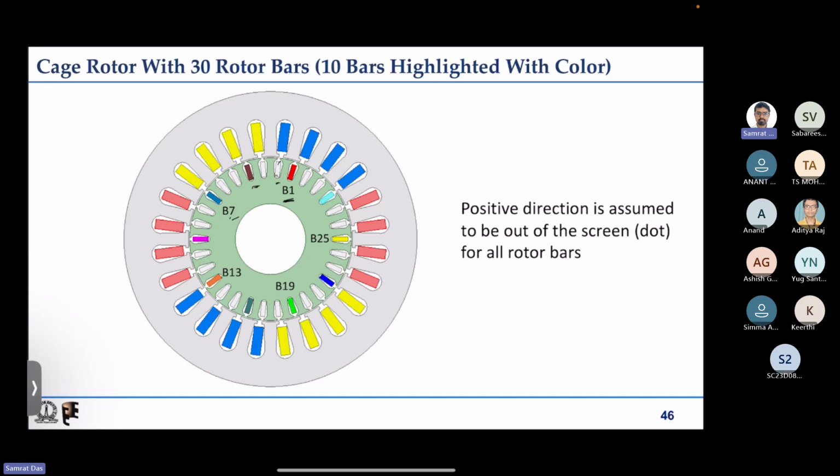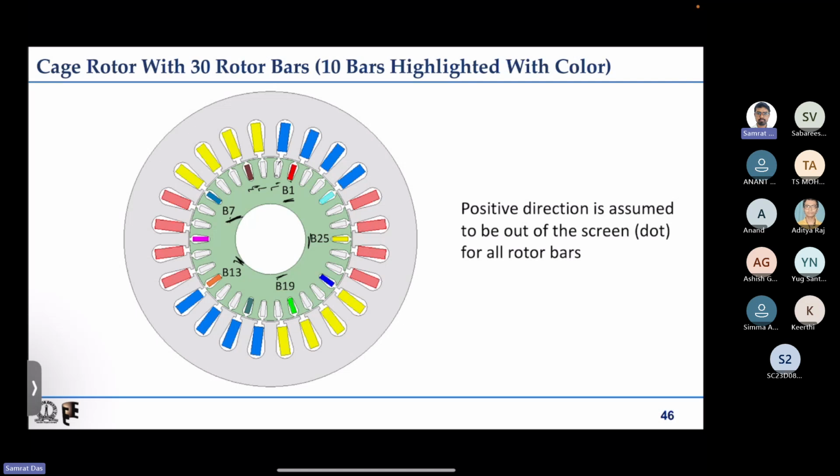Actually there are 30 rotor bars, numbered from B1, B2, B3, B4 up to B30, and I'm coloring only 10 of them. For simplicity we'll look at the flux linkages and induced EMFs of 5 bars only, because 10 plots will be too complicated.